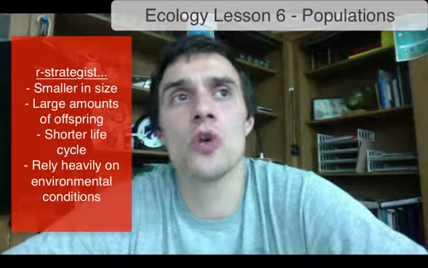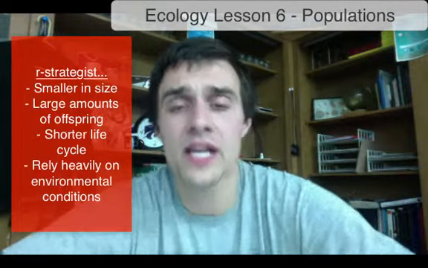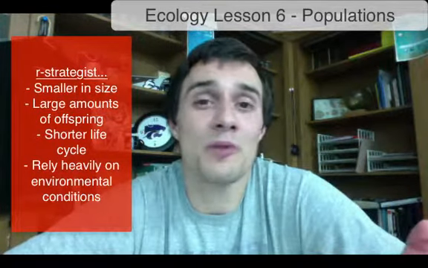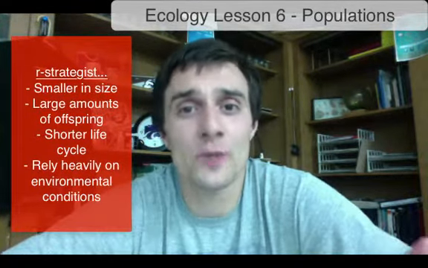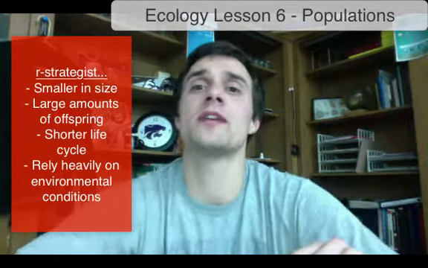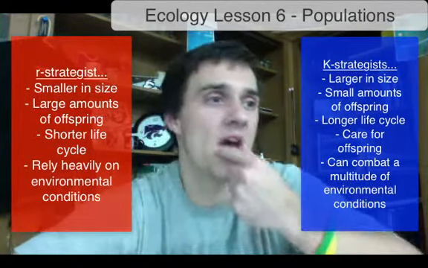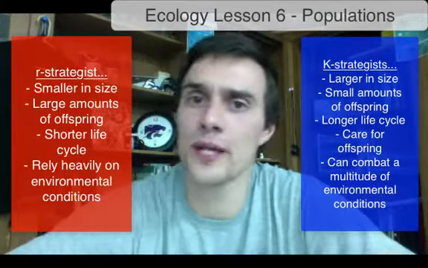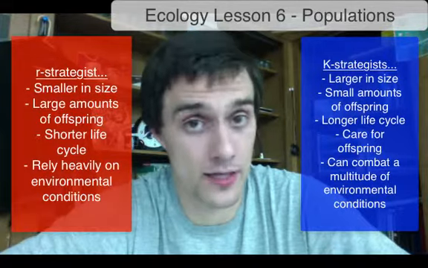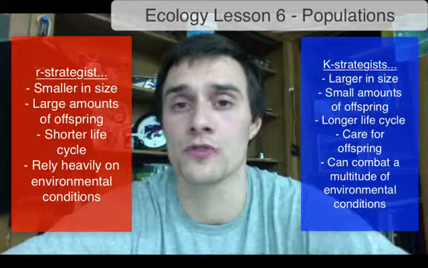R strategist would be greatly harmed by density independent factors. Alrighty, anything that's environmental in terms of conditions or factors, that would play a great role in kind of determining the overall success of that population. Whereas with K strategists, we're looking at organisms that are typically pretty large, all right, much larger in terms of just general overall size, have fewer offspring per reproduction cycle, but provide greater parental care, ensuring that offspring has a better chance to survive and grow up to be able to reproduce as well.